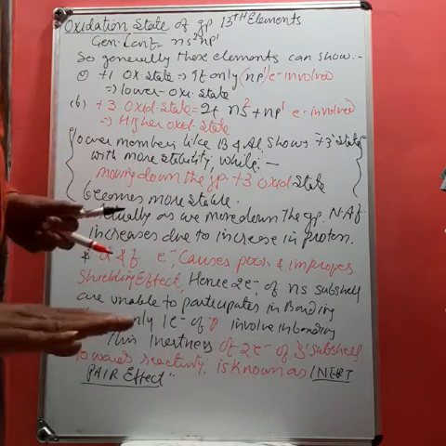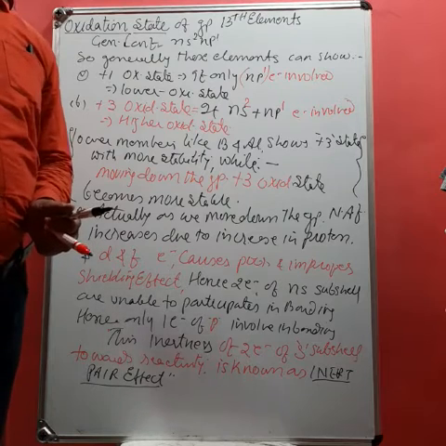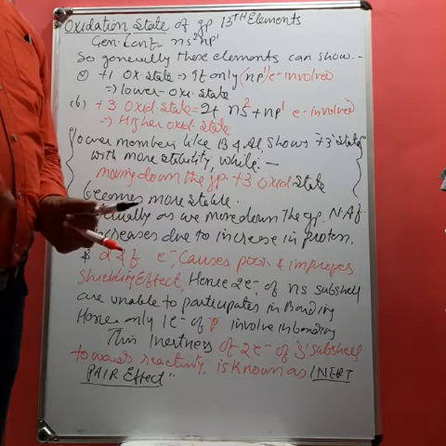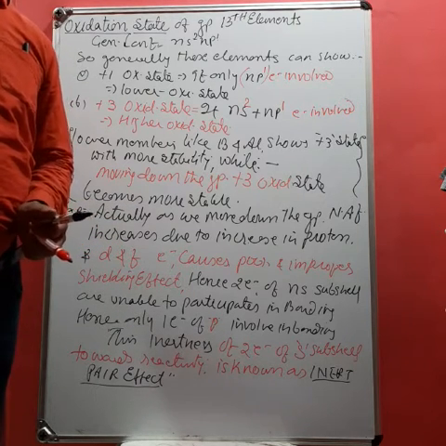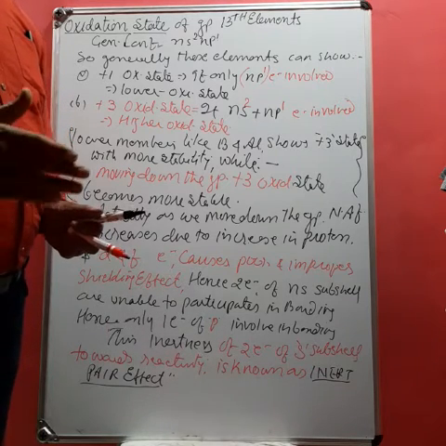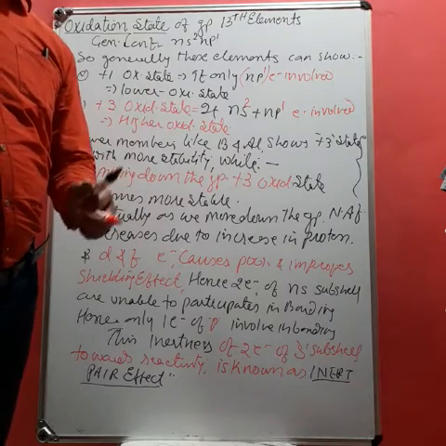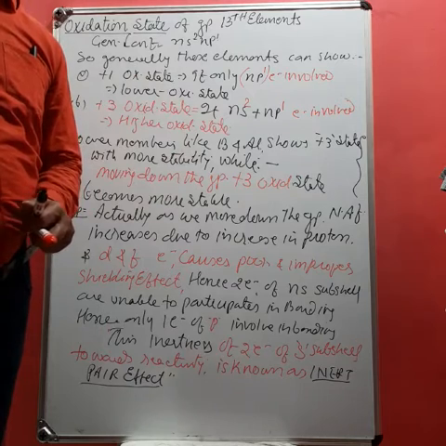But moving down the group, after aluminium, that is gallium, indium and thallium, now 10 electrons are introduced in the d subshell and 14 electrons in the f subshell, and we know that the d and f subshells have very poor penetration effect. Therefore these are unable to shield the nucleus. Are you getting?